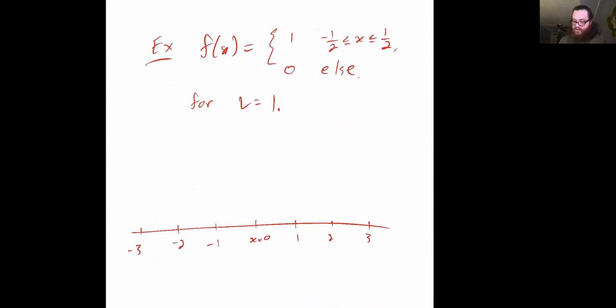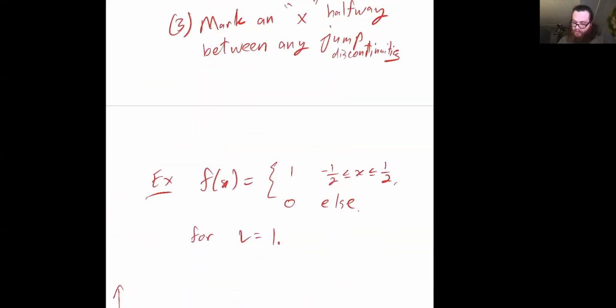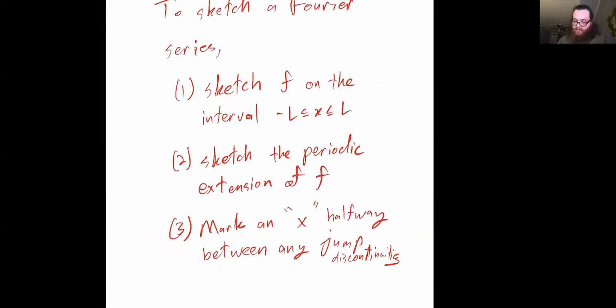So it's going to be 1 between about -1/2 and 1/2. I should draw the y-axis. So y equals 0, y equals 1 is right about there, and then it's 0 here, 0 here. So we sketched f on the interval.